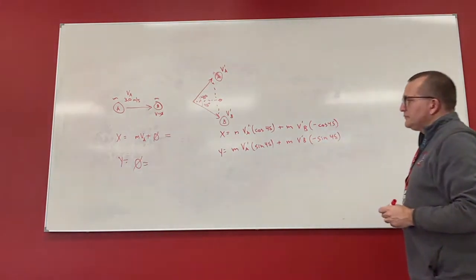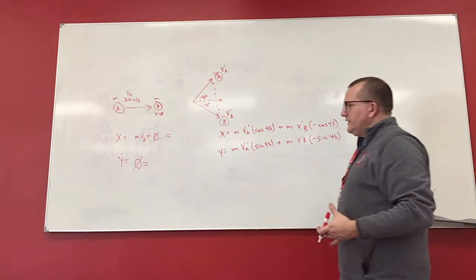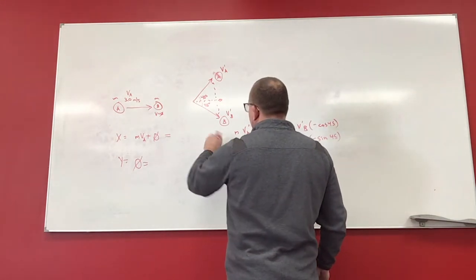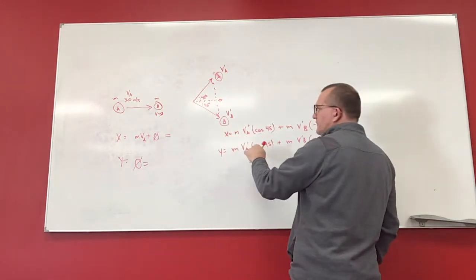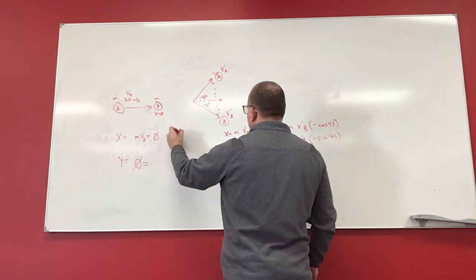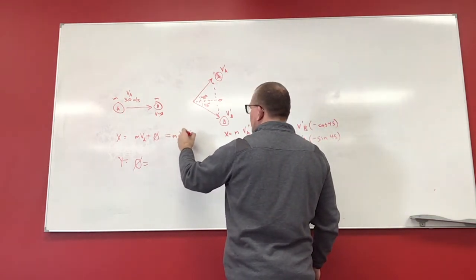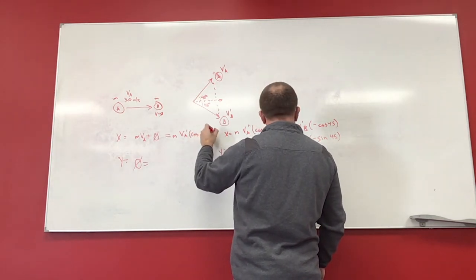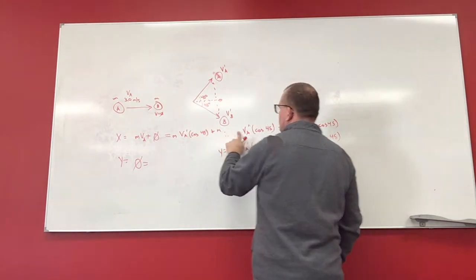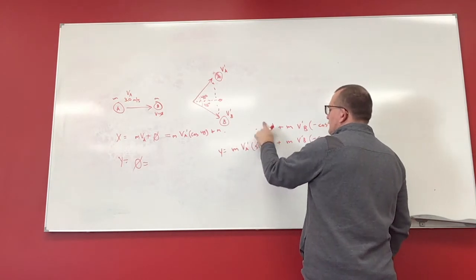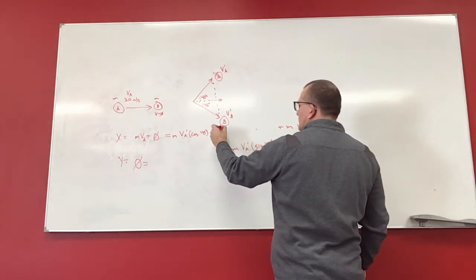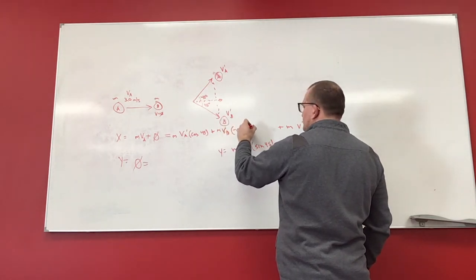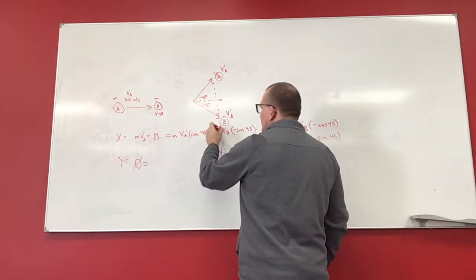of 45. Make everything equal, so I'll combine my x's. So I'm making this equal to this, so I get m VA prime cosine of 45 plus m, I have to erase that, sorry, m V prime B negative cosine of 45. My m's cancel.